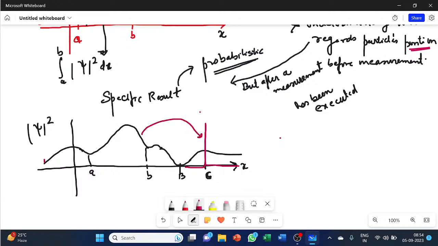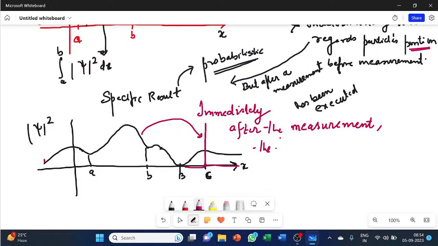So I'll write: immediately after the measurement, the wave function collapses to a spike at C. And what does it say?